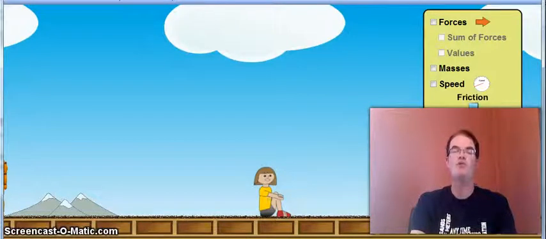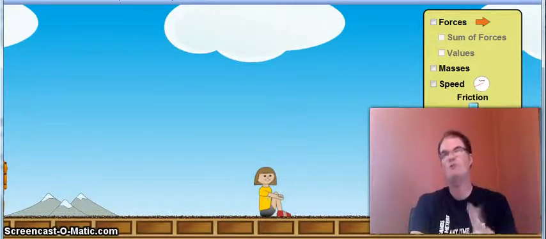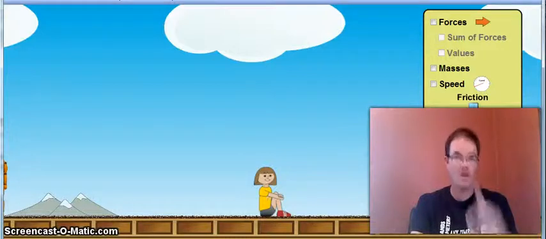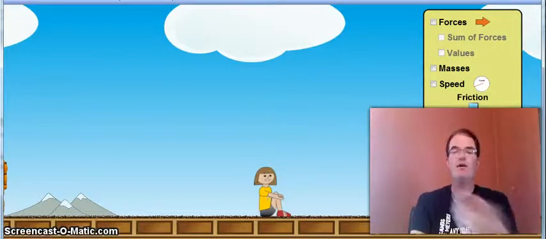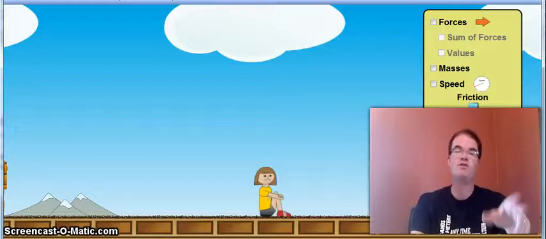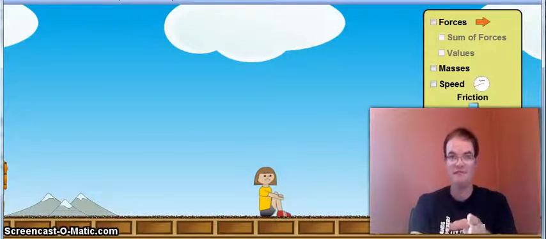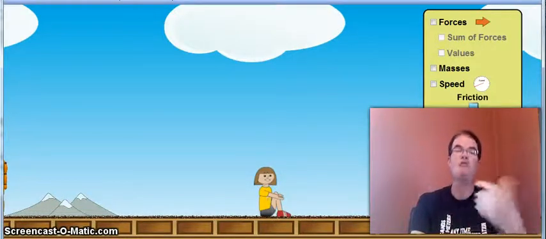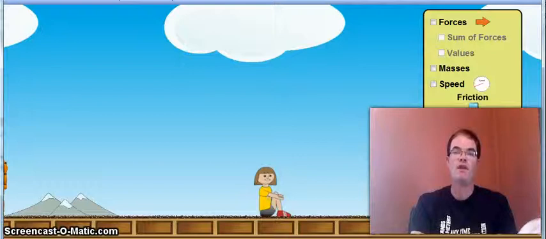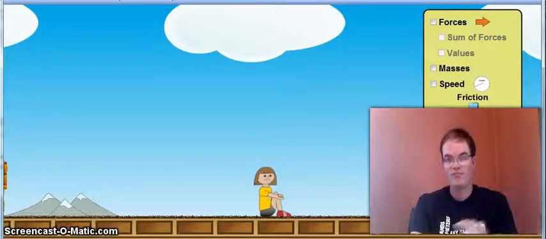So we've observed two things. We've observed a 7th grader at rest going into a state of motion. What was required? A net force. Now we've seen that once the 7th grader was moving, when we stopped pushing, she slowed down and came to rest.